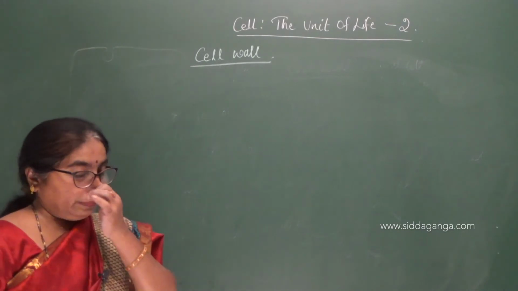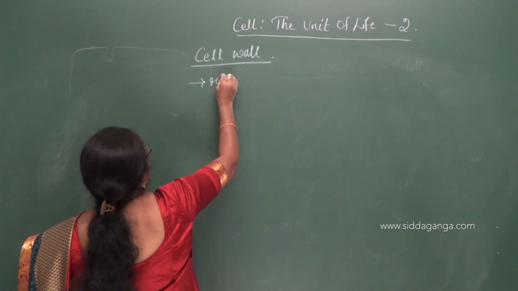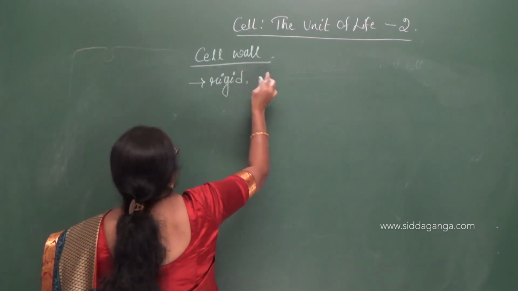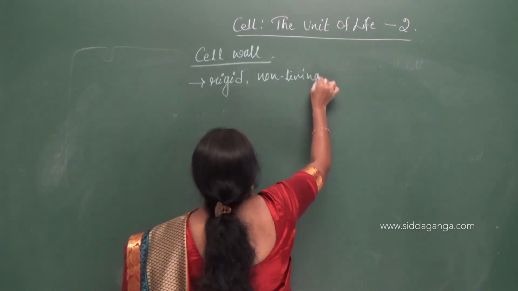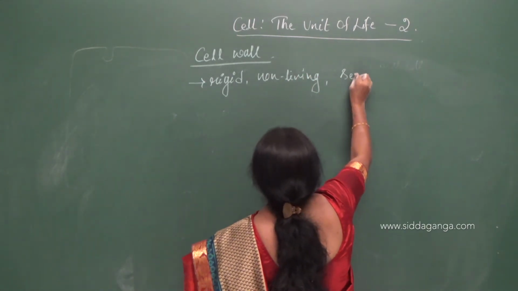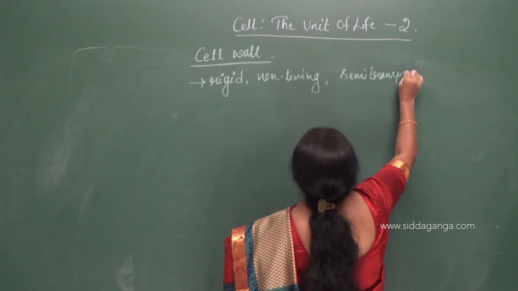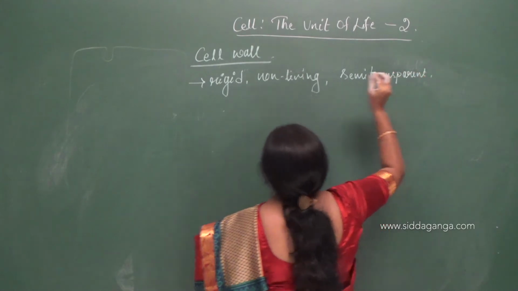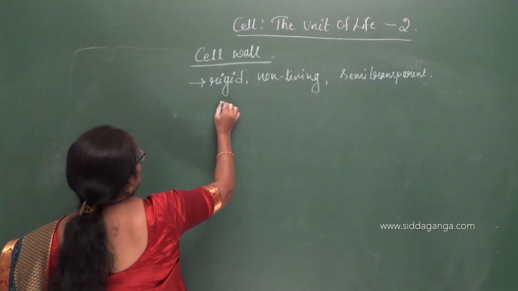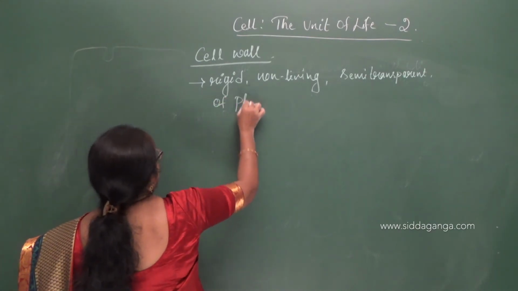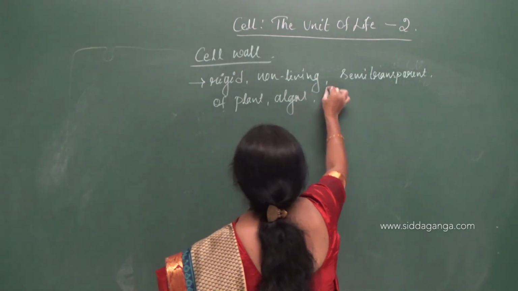So the cell wall is rigid, non-living, semi-transparent wall or membrane which forms the outermost covering of plant cells, plant algal cells and fungi.